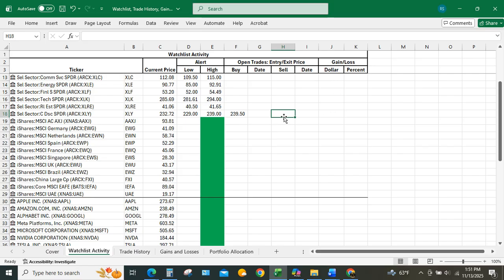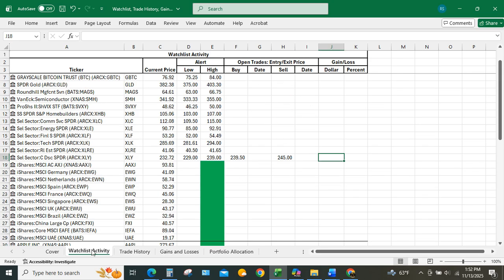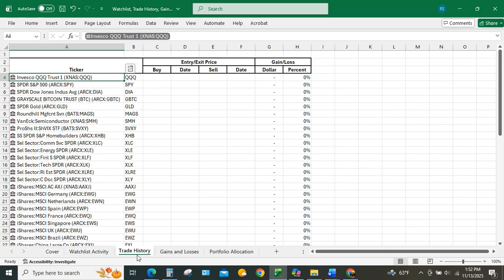So at some point I'll sell it. Let's just say I sell it for like 245. So I'm going to format these cells so that it calculates the gain or loss dollar value and percentage value. And these are the open trades on the watch list activity. And then there's going to be a trade history too.